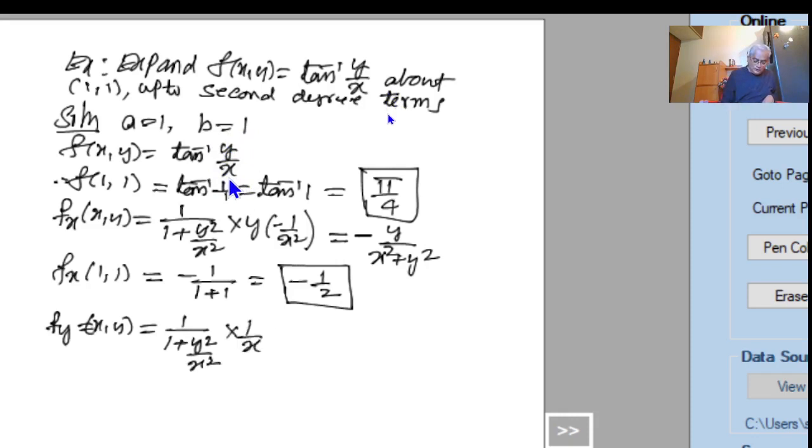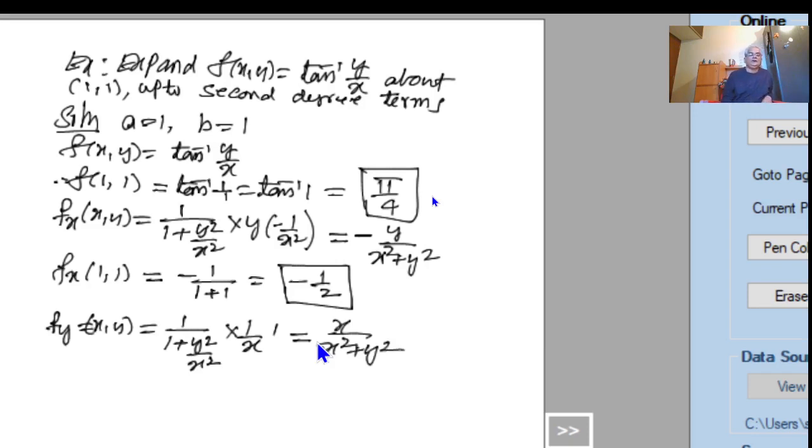Y derivative is 1. This is equal to, here taking the LCM, this becomes x square plus y square, and x square goes to the numerator, 1x gets cancelled. Finally we get x divided by x square plus y square. This is our x divided by x square plus y square.